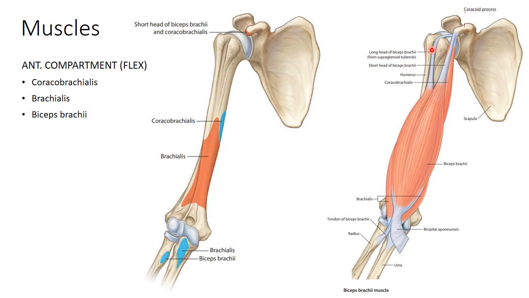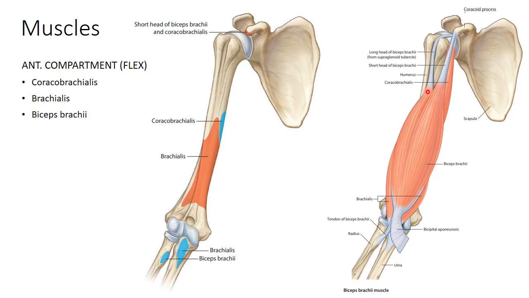This groove is spanned by a transverse humeral ligament to convert the groove into a tunnel. The long head of biceps passes through the tunnel. It may seem as if the short head is long, but the long head takes a longer course than the short head. That is why we call it the long head, because obviously it is the longer head.